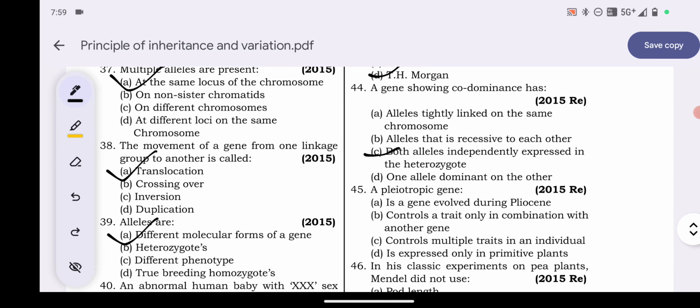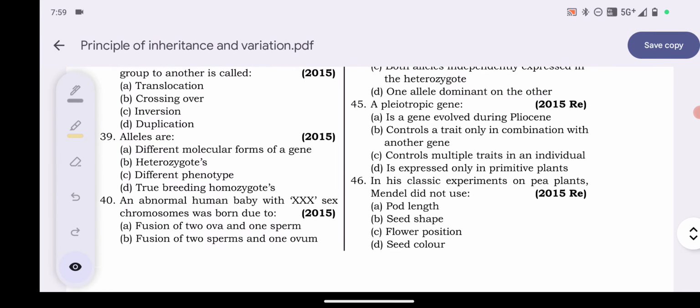Okay, next one, 45. A pleiotropic gene, option A, is a gene evolved during Pliocene, option B, controls a trait only in combination with another gene, option C, controls multiple traits in an individual, and option D, is expressed only in primitive plants.